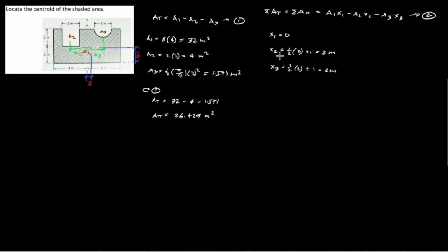The distances are x1 is 0, x sub 2 is 2, and x sub 3 is 2 meters.